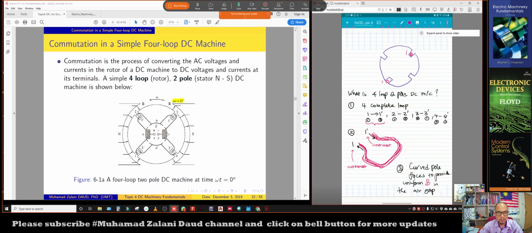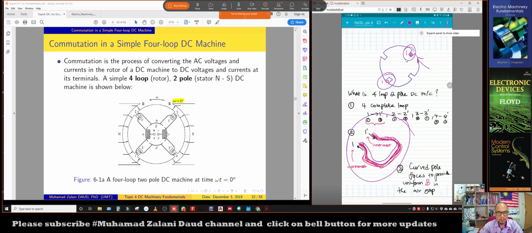This is another example I have shown in more detail in my lecture notes. We have the slot here and the slot on the other side of the rotor. The wire enters from here, which is 1 prime, and it is looped in such a way that it enters from the innermost of the slot and then exits.